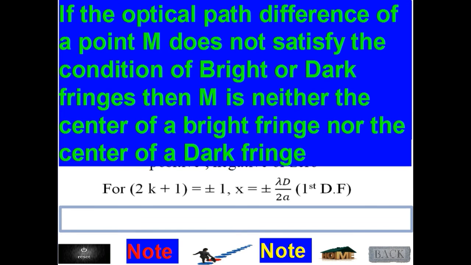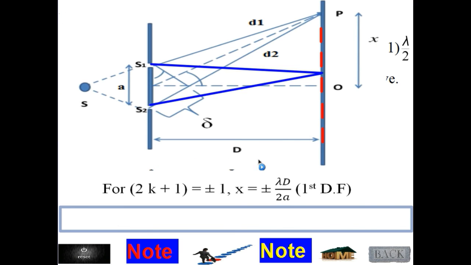If the optical path difference of a point M doesn't satisfy the condition of a bright fringe or a dark fringe, then M is neither the center of a bright fringe nor the center of a dark fringe. Here, we are dealing with the center of a bright fringe or the center of a dark fringe.